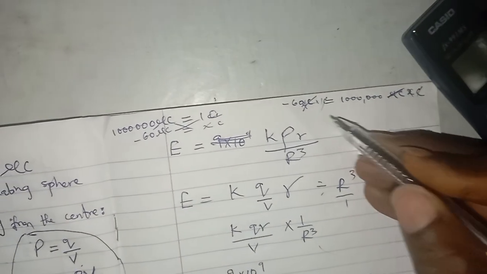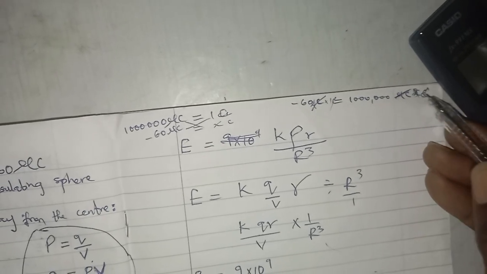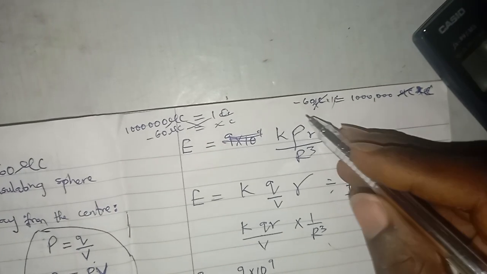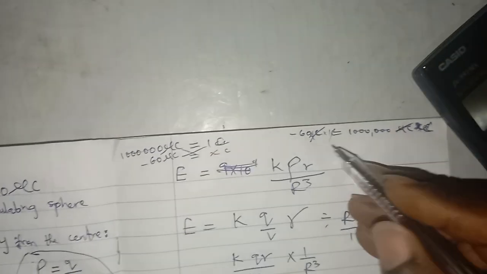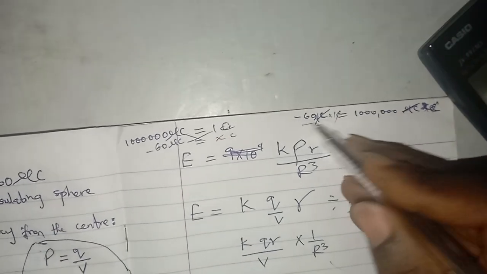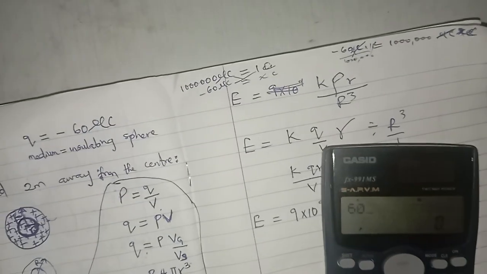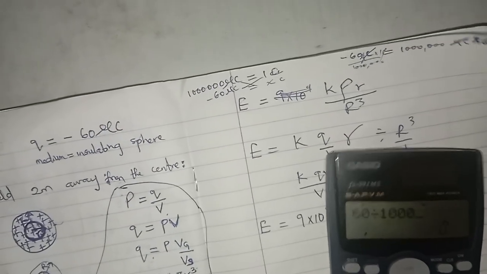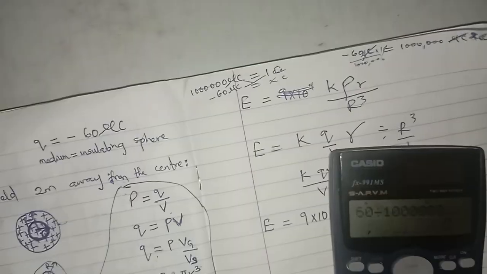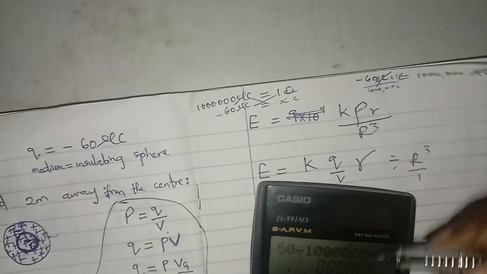I don't know x, and the x I'm talking about is x coulomb, so no need cancelling it. Divide both sides by the coefficient of x, which is 1 million. So it's the same thing as saying 60 divided by 1 million.